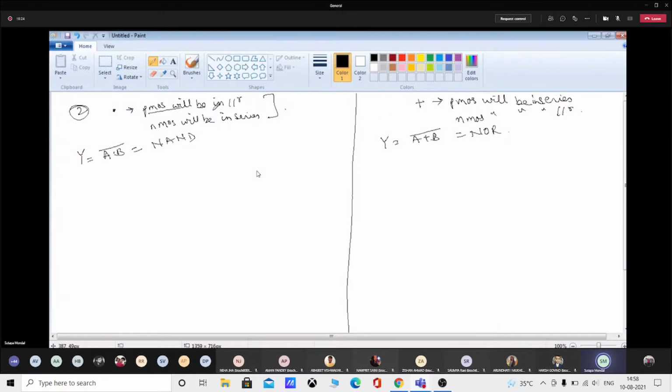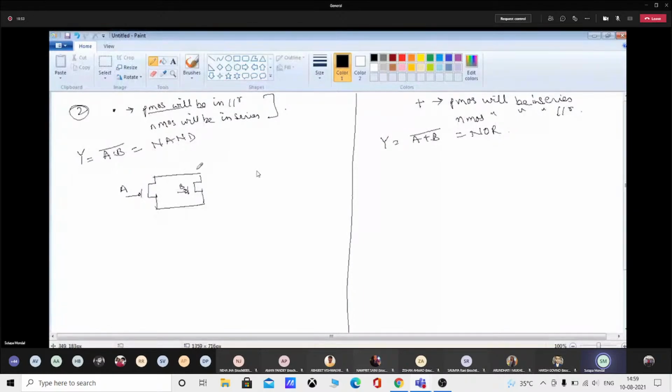But here, if more than one input or variable is there, then only we come to this. Okay, so now we will draw. So PMOS is in parallel. Suppose this is a PMOS, which I am denoting A, and this is another PMOS, which I am denoting B. So both are in parallel.